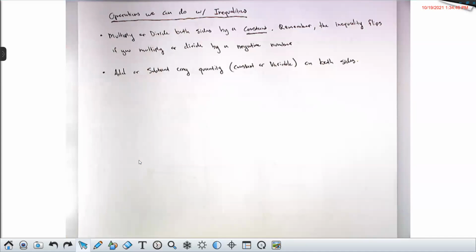Remember we talked about the real numbers being a complete ordered field? The only operations you can perform on an inequality without changing the solution set are those operations which preserve order. And many operations do not preserve order. Squaring both sides, taking square roots on both sides, reciprocating both sides, stuff like that does not preserve order. So these are the two things that we're always allowed to do to an inequality.